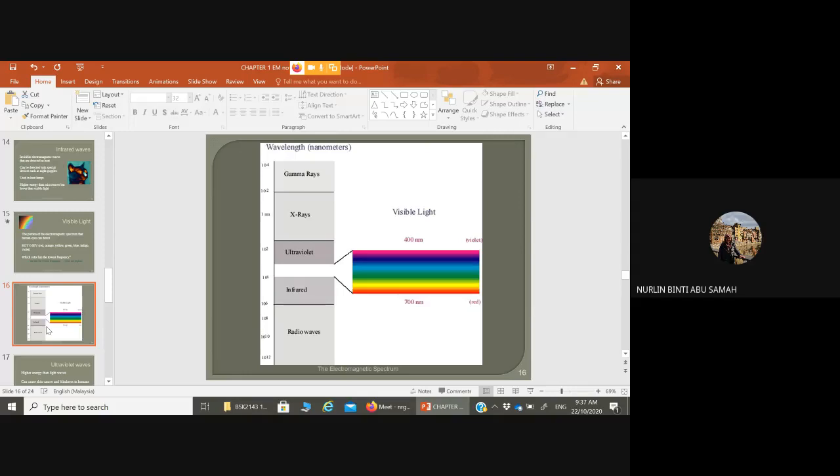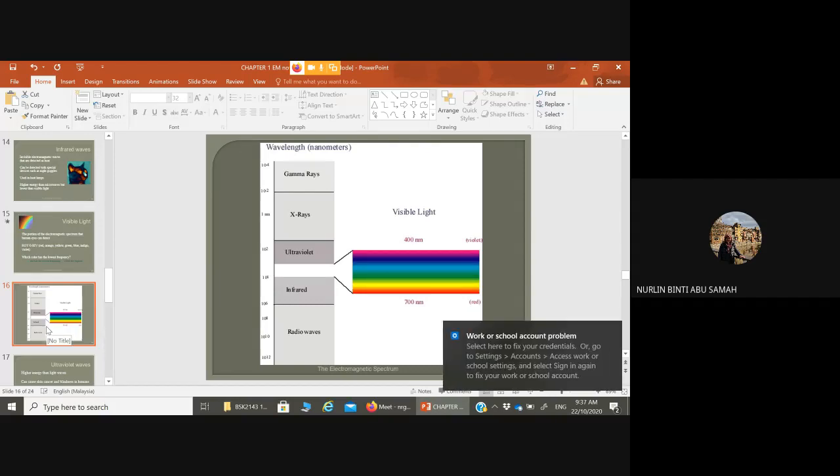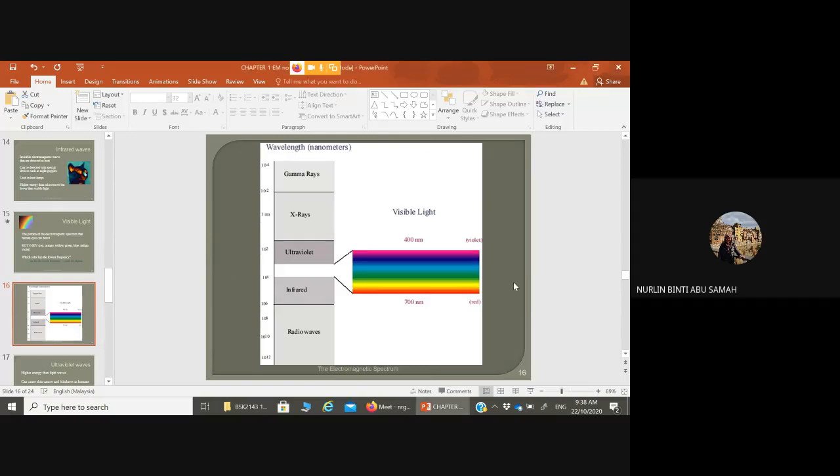As you can see, red is close to 700 nanometers, which is quite a high number for wavelength. When it comes to violet, the color at about 400 nanometers, you can see that the energy becomes higher.